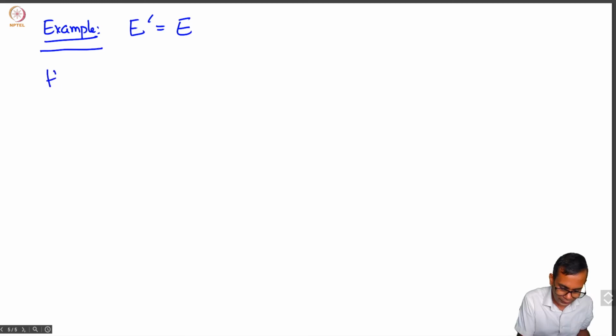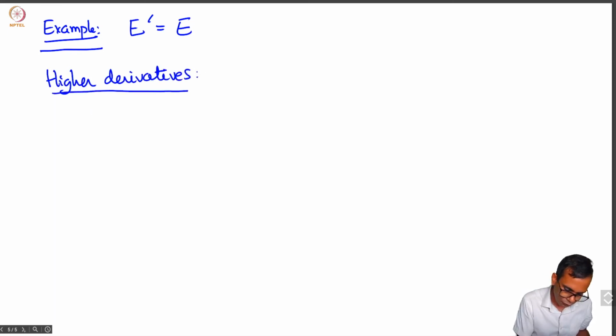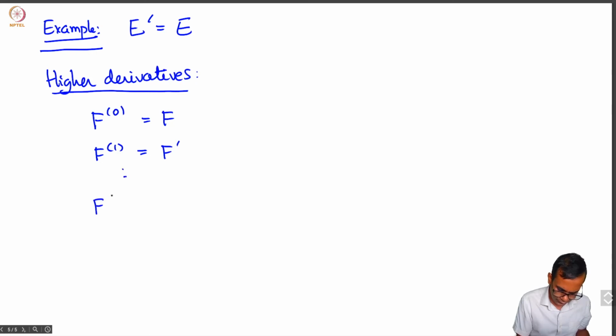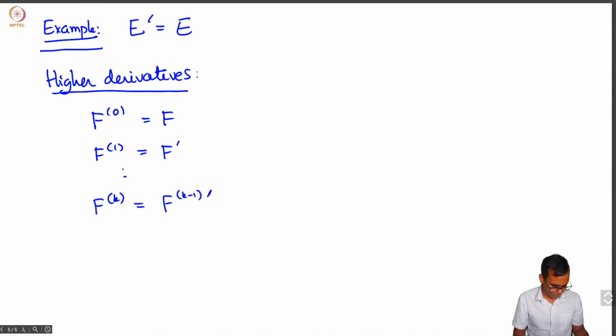Okay, what about higher derivatives? So we can define f0 to be f, f1 to be f prime, and so on. In general, the kth derivative of f is the derivative of the k minus first derivative.